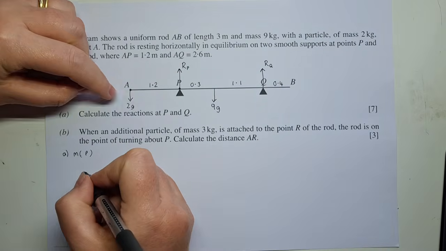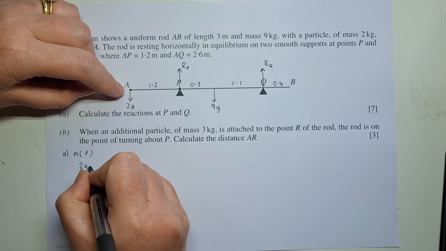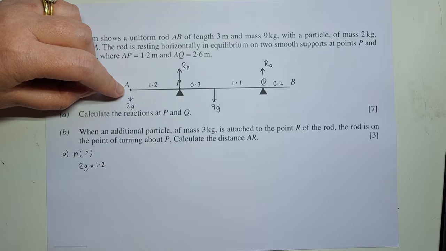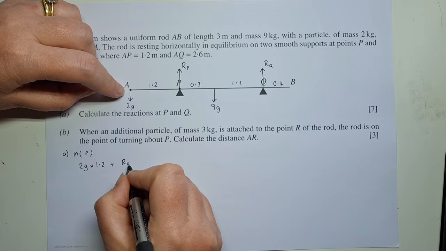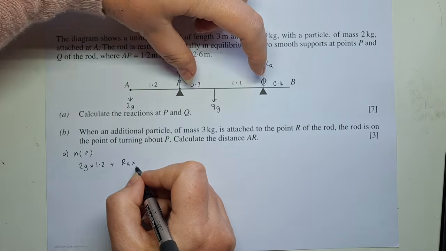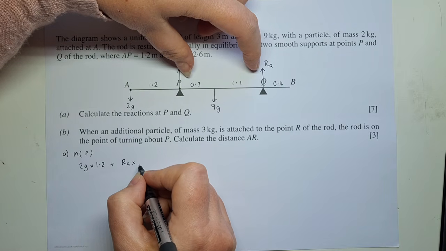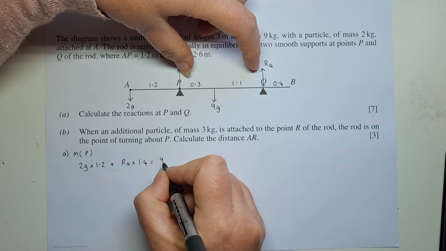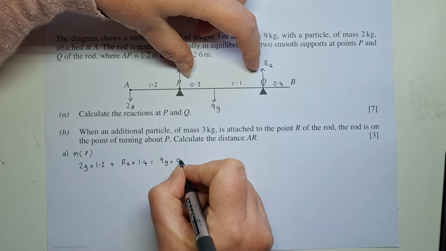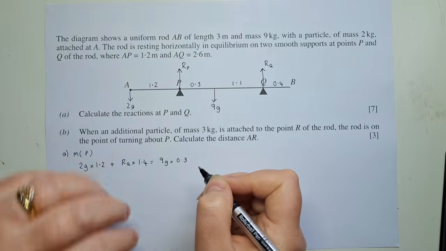So I'm going to say that my force of 2G times a distance to the pivot of 1.2 plus my force RQ times a distance from Q to the pivot of 1.4 will equal 9G times a distance to the pivot of 0.3.